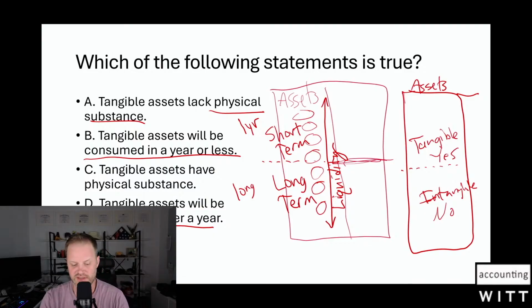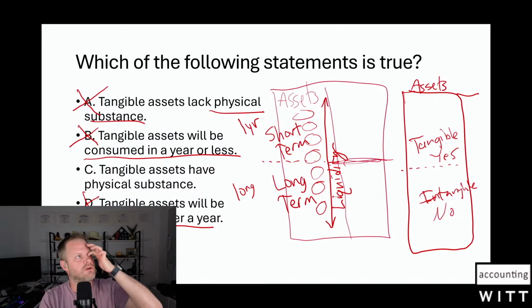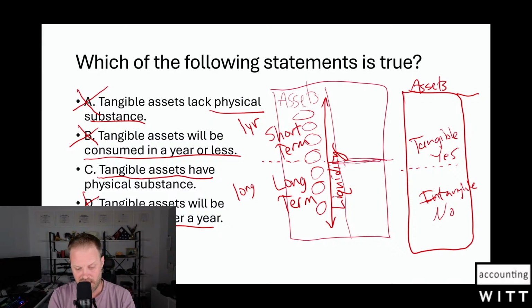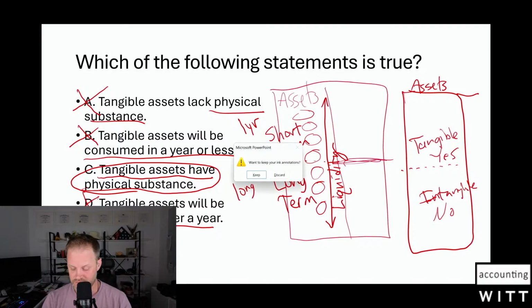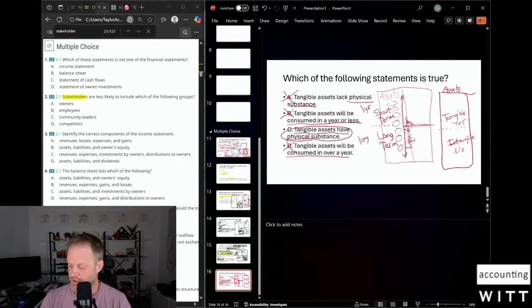So this is trying to see if you're going to mix up liquidity with tangibility. So, tangible assets, they do have physical substance. So, it's not that, because these are talking about liquidity or what short or long term. So, this statement, tangible assets have physical substance, is a true statement. So we know that one is C.